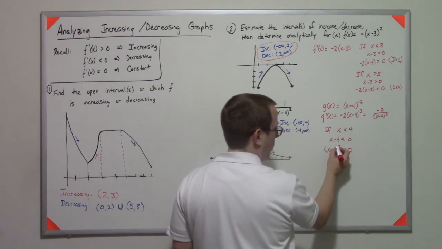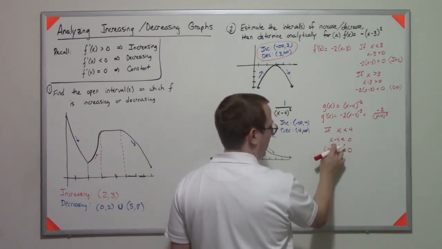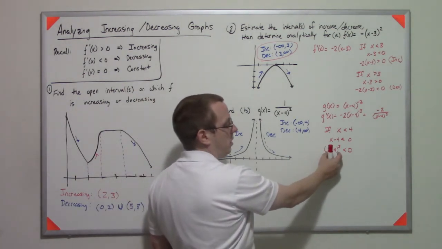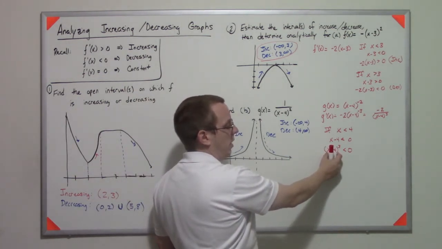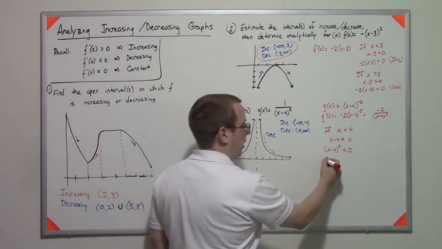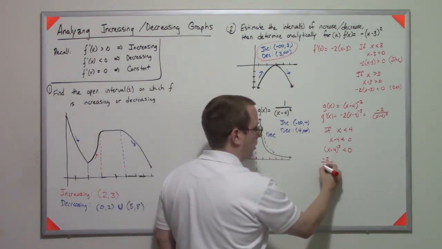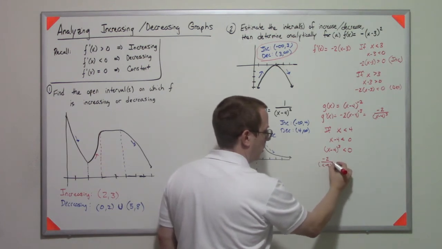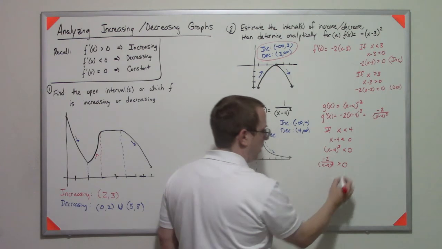Which, by the way, you could say that to the negative 3 is also negative. You have to be careful. So what that tells me is this quantity is negative. So if I take this quantity and take negative 2 over it, that tells me it's going to be positive.